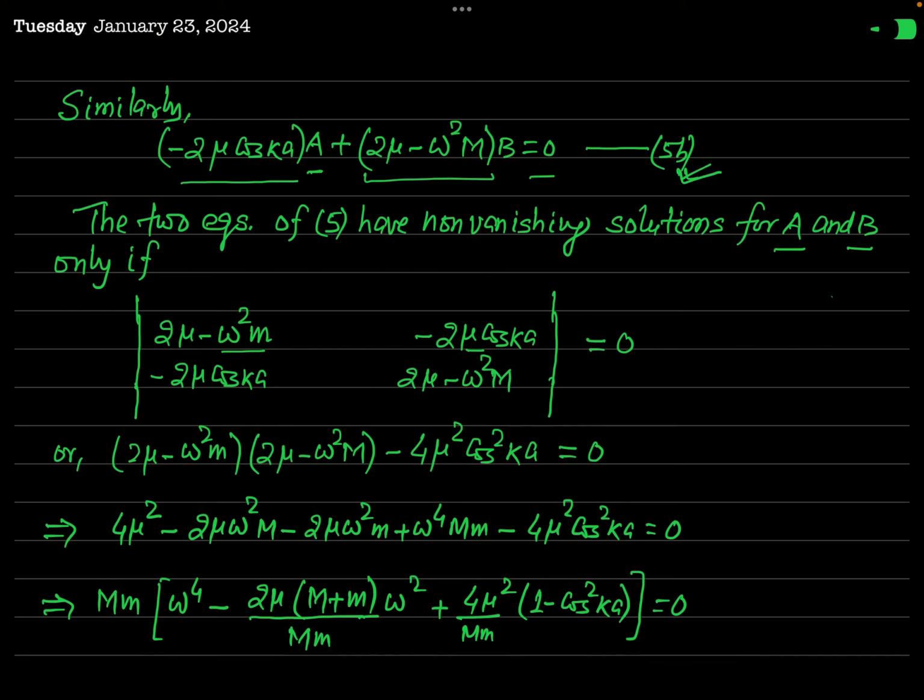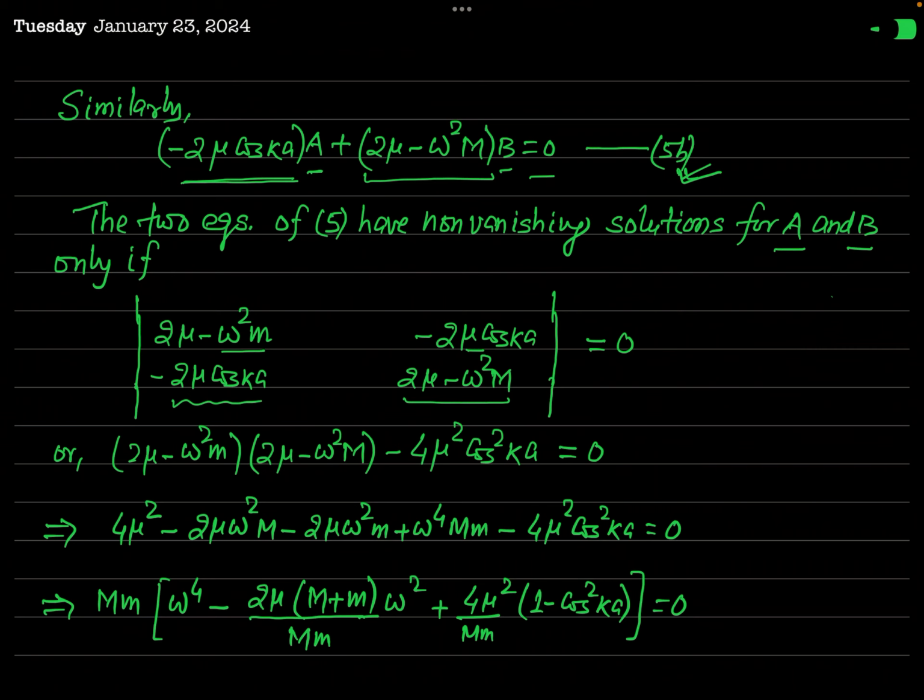Now see equation 5b. The coefficient of a here is minus 2 mu cos k. So I have written it here, you can see this is minus 2 mu cos k. And the coefficient of b is 2 mu minus omega square M. Okay, and this determinant will be equal to 0.